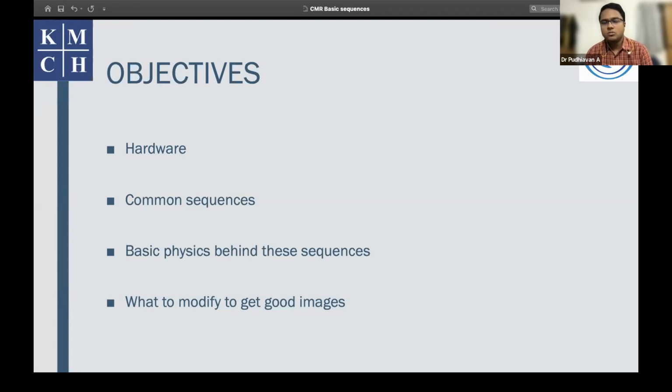If you have gone through the previous talks, the physics remains the same for all these sequences. There'll be just some minor modifications here and there. So we'll just go through them and also see what these modifications result in image quality and how to get better quality images by playing around with these sequences.